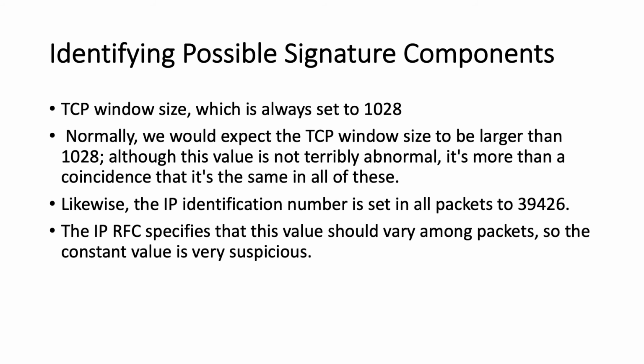This may be a little bit beyond the scope of this class, but I'm just going to throw in the TCP window size, which is set to 1028. What does that really mean? When I'm talking to a web server, my web client tells the web server that I can only get up to 1028 TCP segments because the computer has a buffer and the buffer receives the segments from the server.